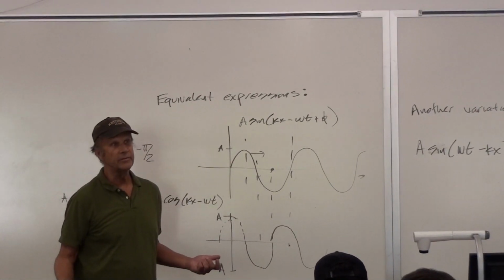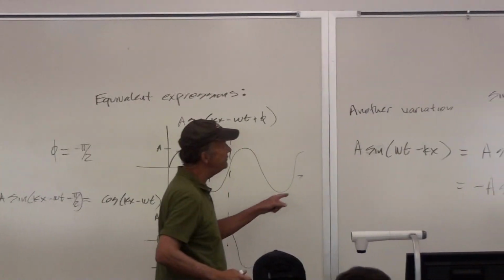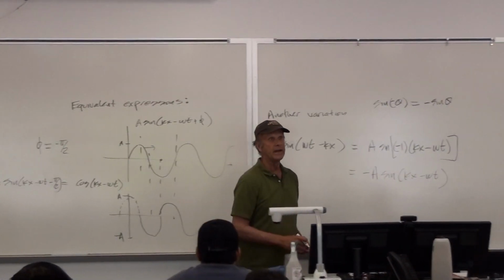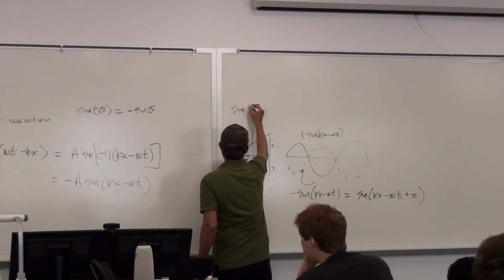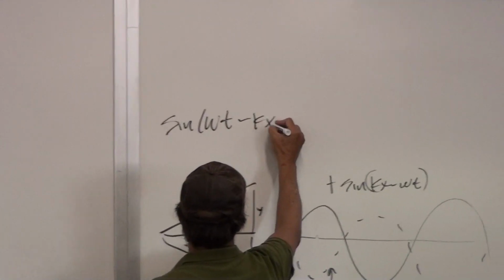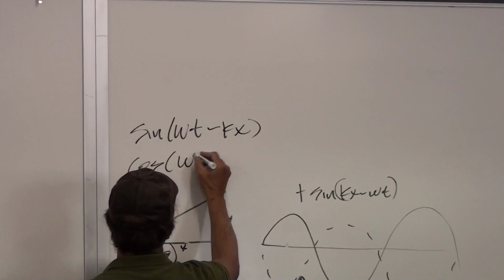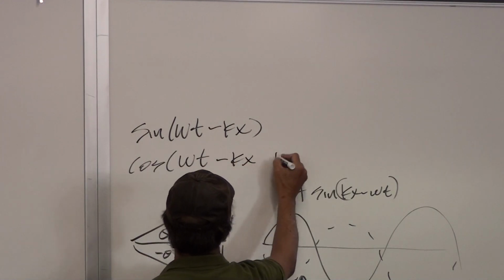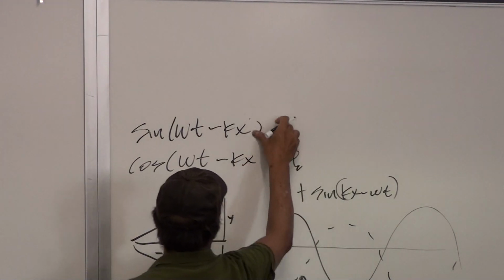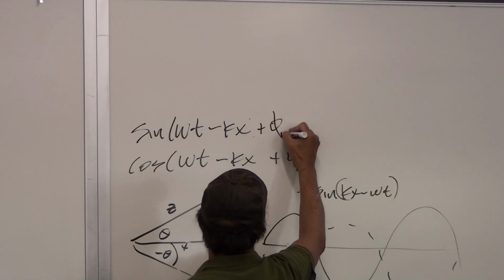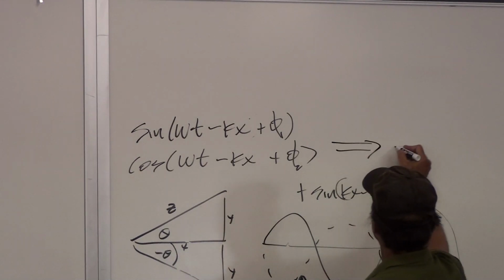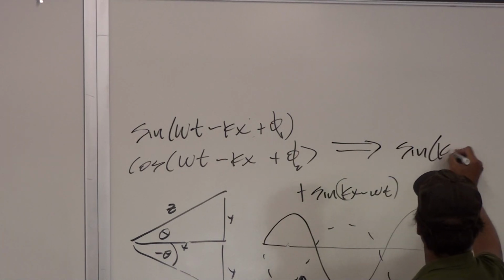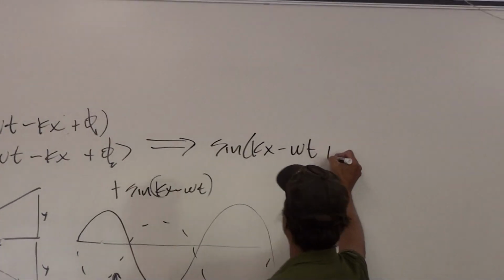We can do the same thing with the cosine function, because the cosine function is just the sine function we already saw over here, shifted by 90 degrees. And so anything that looks like the sine of omega t minus kx, or the cosine of omega t minus kx, plus some other phase angle, phi 2 plus phi 1, whatever these phase angles are, those are all equivalent to sine of kx minus omega t plus phi 3.